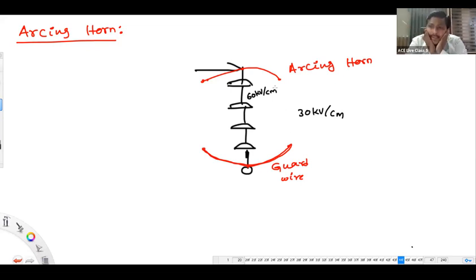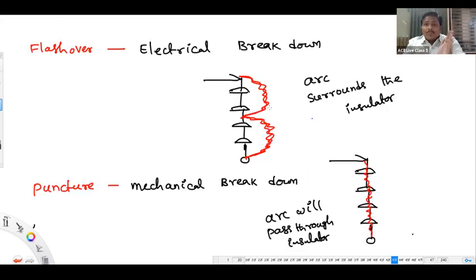Now tell me, if there is an over voltage on this conductor, which path gets breakdown first? Is it the path of insulators or air? Air. So if there is an over voltage, the arc is going to be formed between the guard wire and the arcing horn, so that the arc moves away from the insulator body.